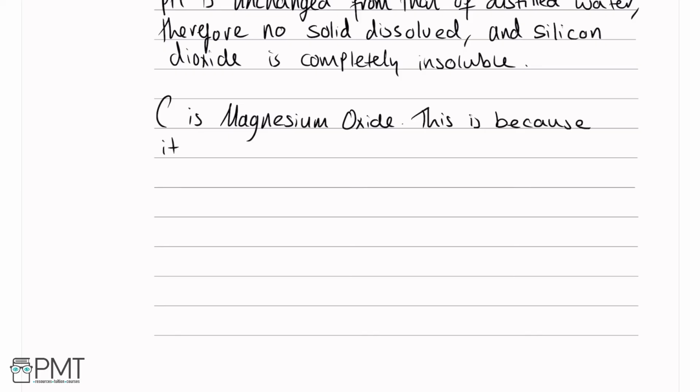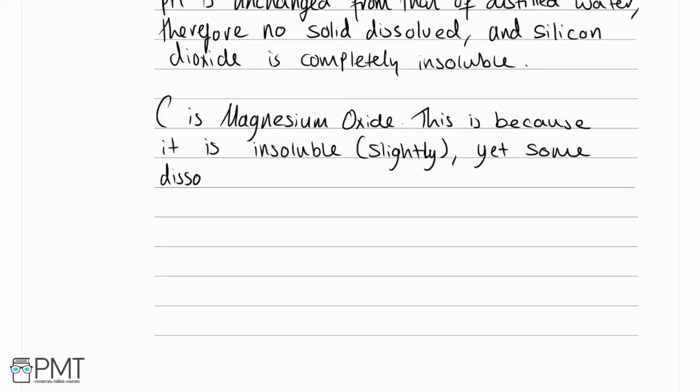So it is slightly insoluble. So in our answer we would write something like C is magnesium oxide. This is because it is slightly insoluble, yet some of it dissolved in water, hence the pH increase from neutral, so a pH of 7 in distilled water, to a pH of 9.